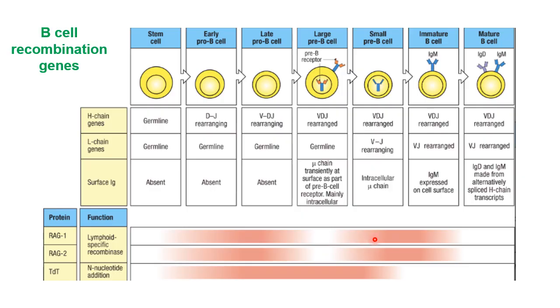And then you're going to get your light chain rearrangements, and then they stop being expressed, right? And remember that also when you're doing your heavy chain, you have that TdT expression, but that is not going to happen for your light chain. Okay, light chain is not going to express TdT.